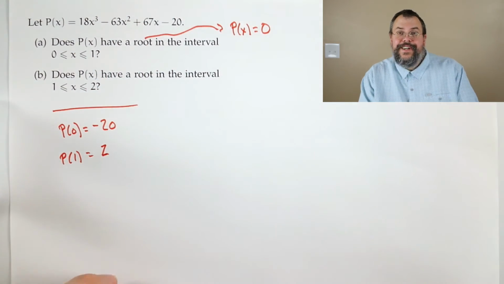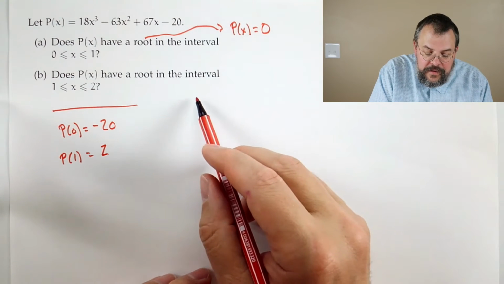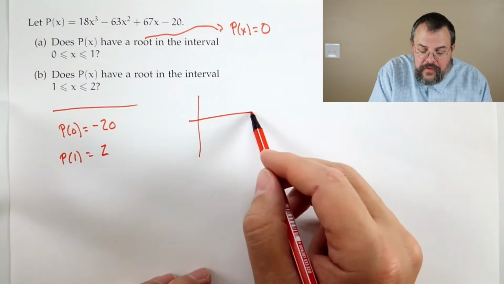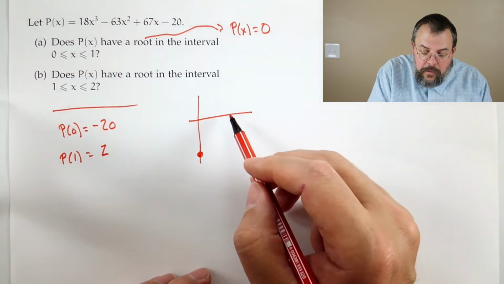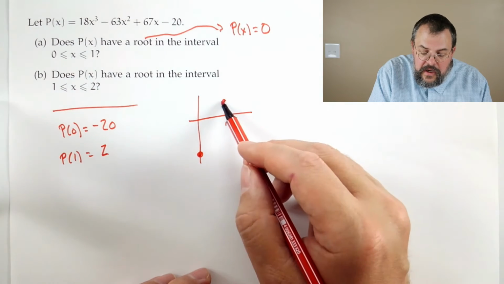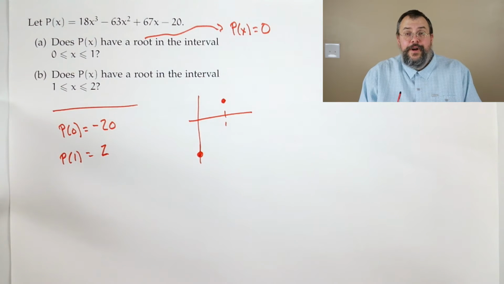It's closer, it's not 0, but here's the nice observation. So at 0, we're, say, down here at negative 20. At 1, we're up here at 2. And we have a polynomial.